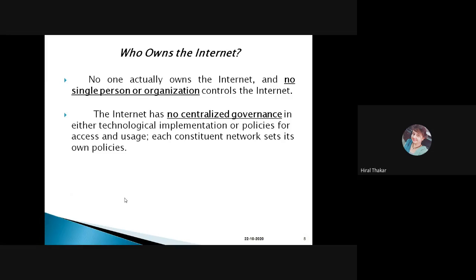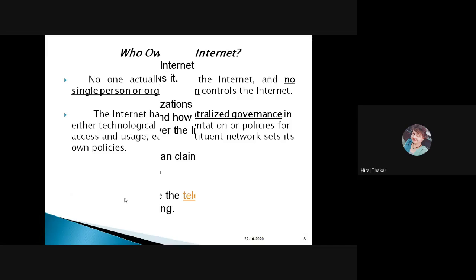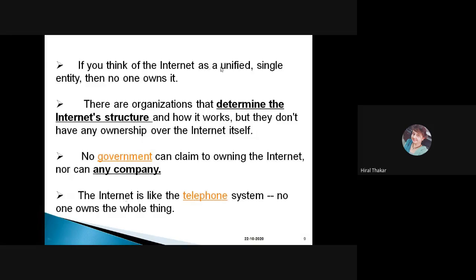So no one can own the internet. If you think of the internet as a unified single entity, then no one owns it. There are organizations that determine the internet's structure and how it works, right? So there will be organizations that will give you the structure of internet, and they will give you the rules, how to use it.